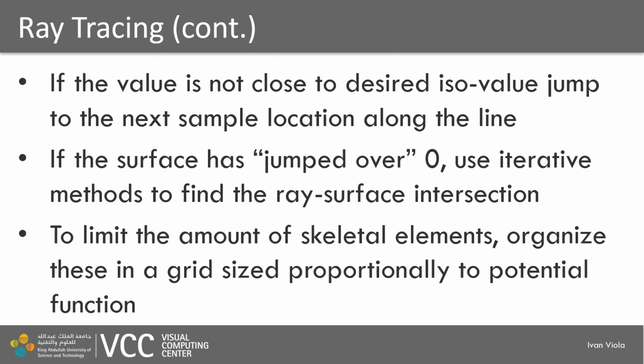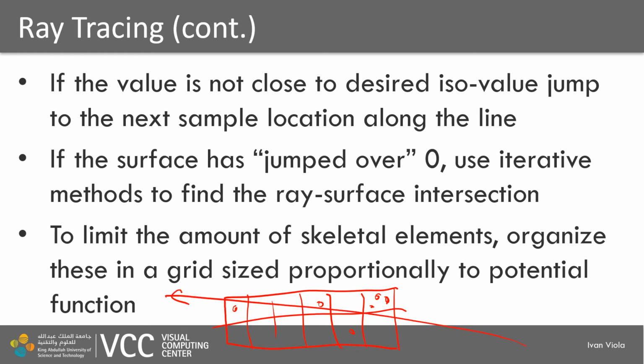In order to somehow manage the complexity, we can also organize our skeletal primitives into some kind of grid representation, so that we know that one skeletal element is here, one is here, one is here, and maybe two or three are here. And if we are currently going along with our ray, and we know where the skeletal primitives are and what is their area of influence, sometimes we can then skip our cells quite quickly in case there are no skeletal primitives inside.